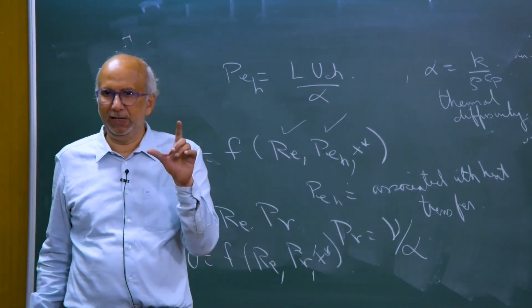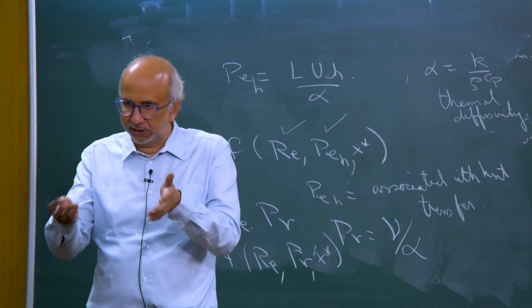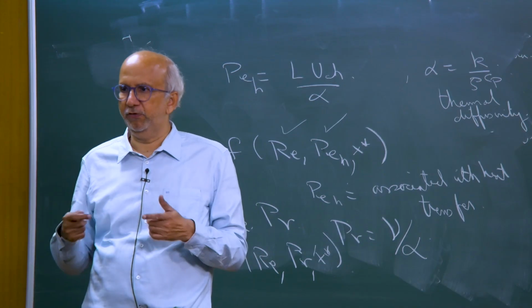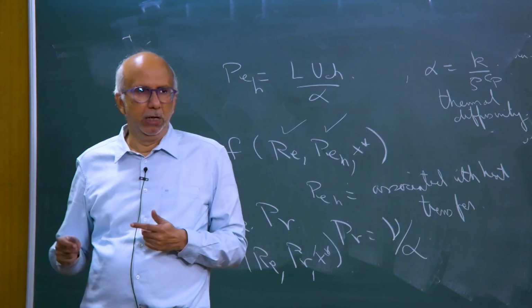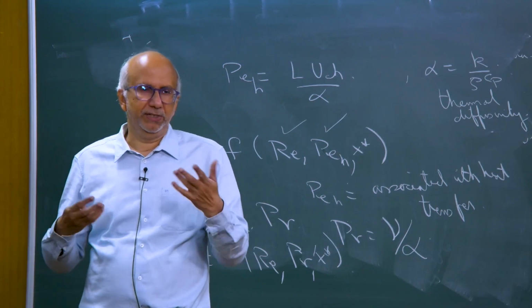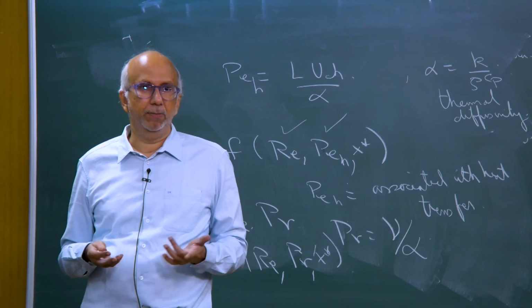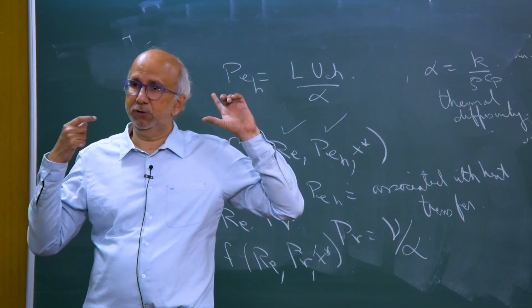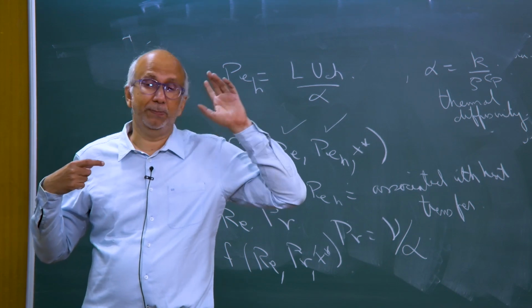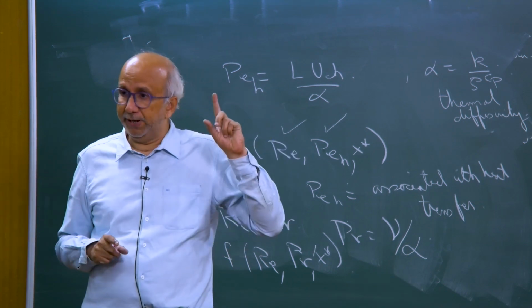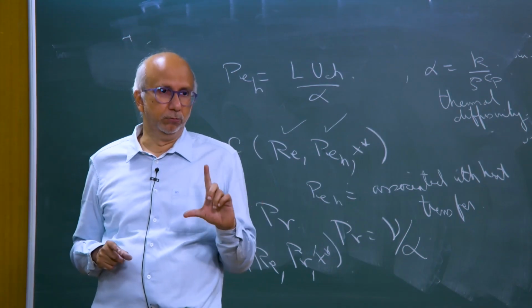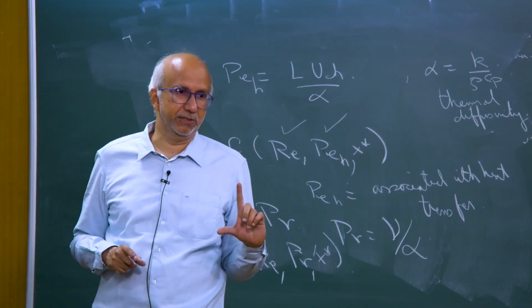So, experimentally if you do studies and you want to show your results, you want to study the effect of one parameter at a time. So, experimentally you vary U, you are changing both Reynolds number and Peclet number if you write everything in terms of those two. If you write in terms of Reynolds number and Prandtl number, Prandtl number is independent of U. So, only Reynolds number is being changed.